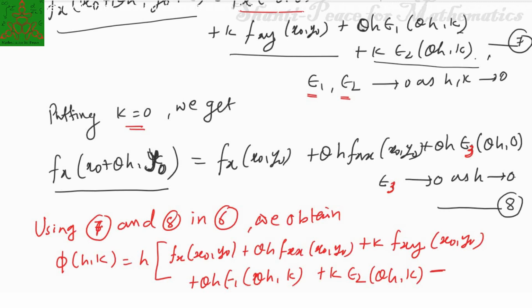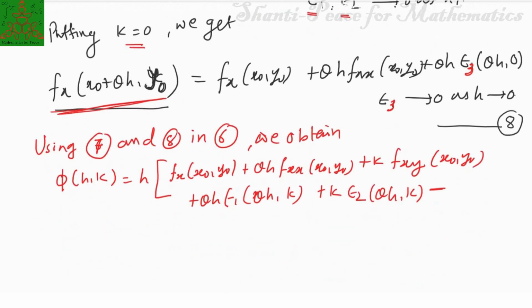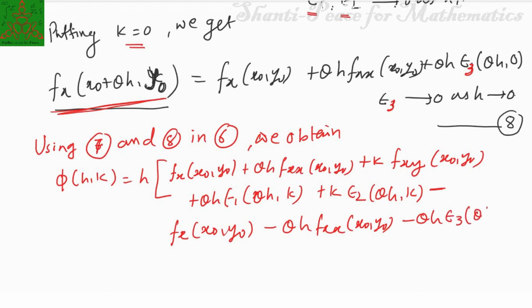Then it is minus the value of fx at x0 plus theta h, y0. That value we can write as minus of fx at x0 y0 minus theta h fxx at x0 y0 minus theta h epsilon 3 theta h, 0.